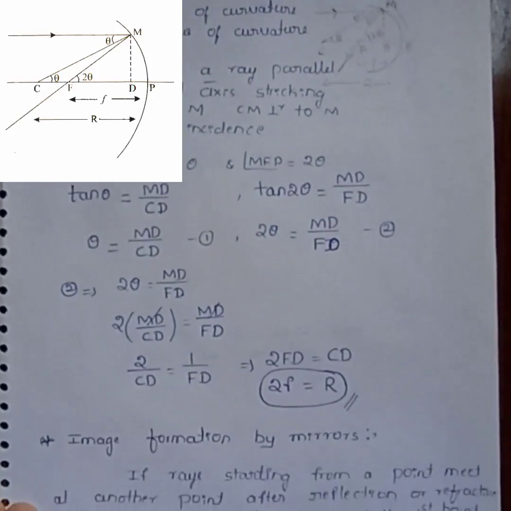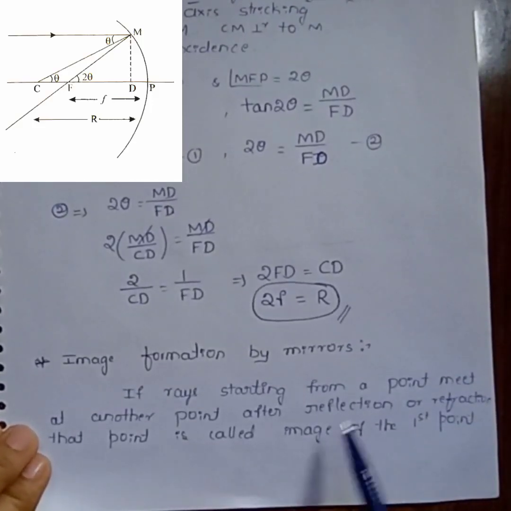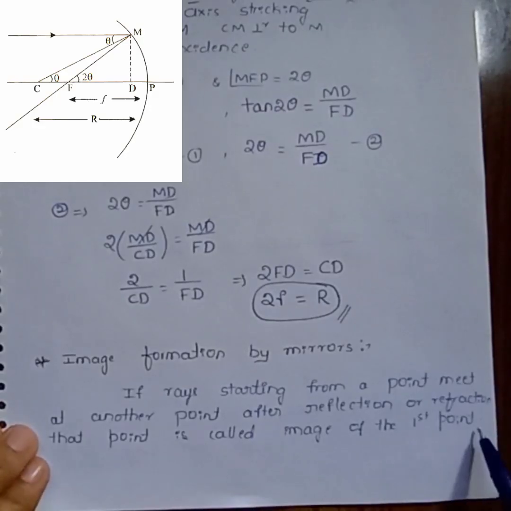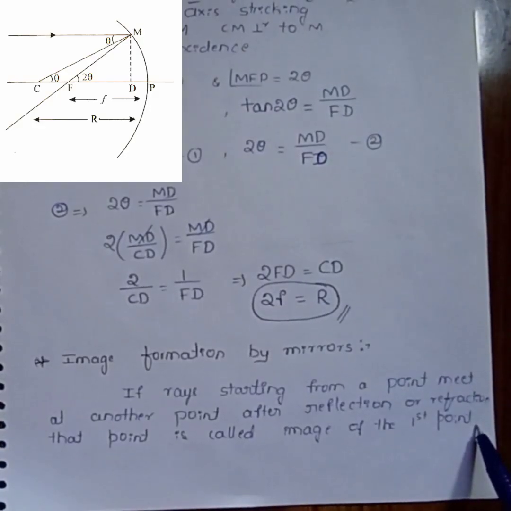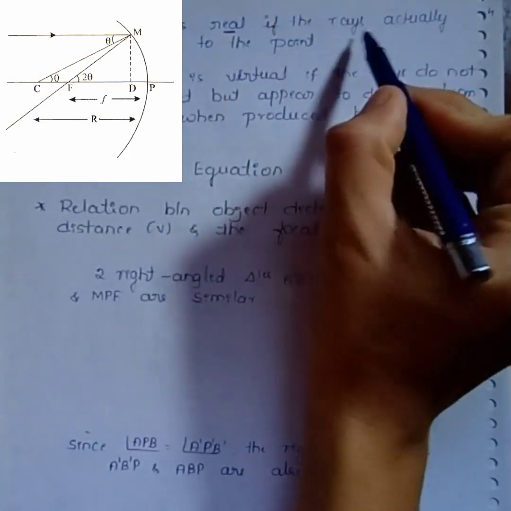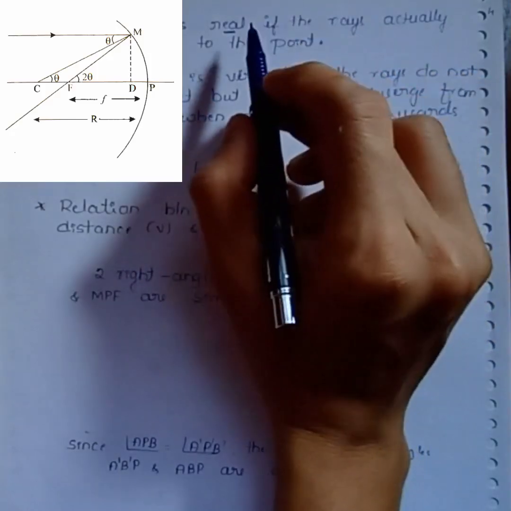Next one is image formation by mirrors. If rays starting from a point meet at another point after reflection or refraction, that point is called the image of the first point. That image is real if the rays actually converge to that point.